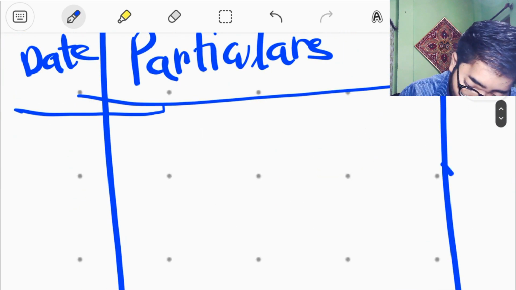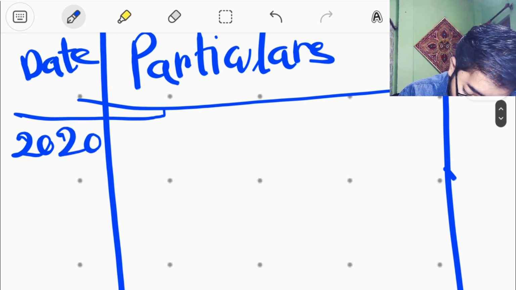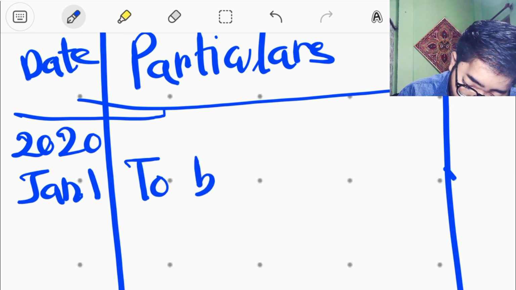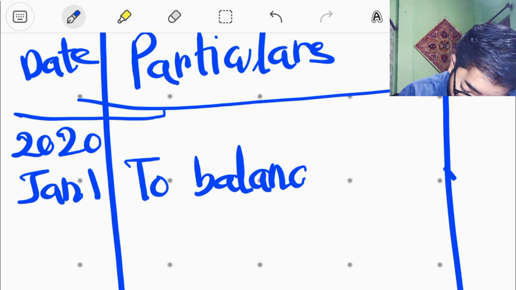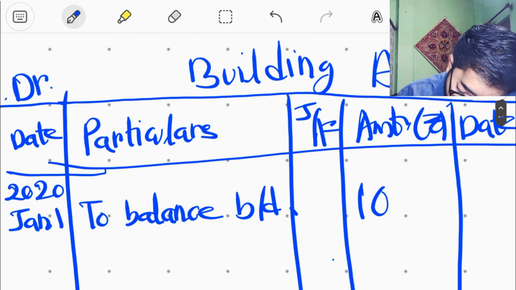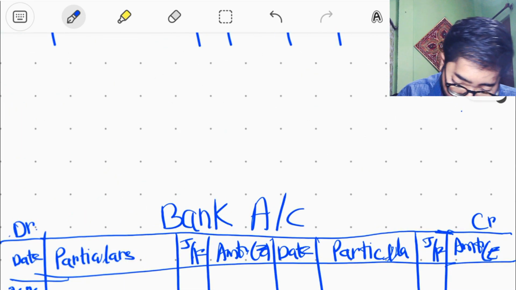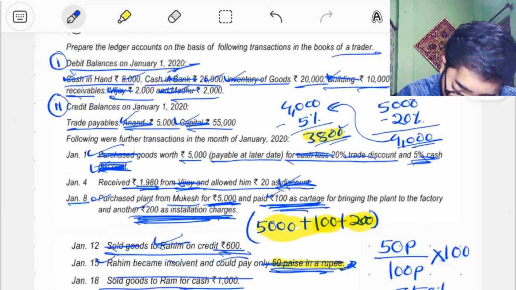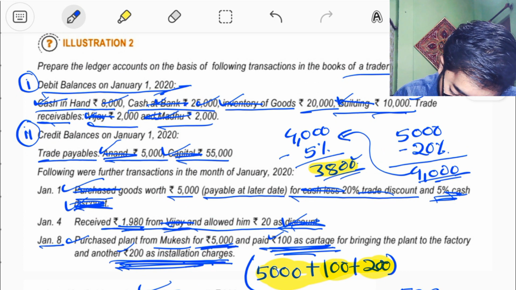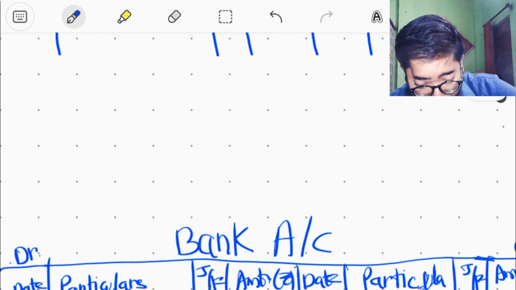building, opening date to balance BD 10,000. Then trade receivables of Vijay and Madhu 2,000 and 2,000. 2,000 each.